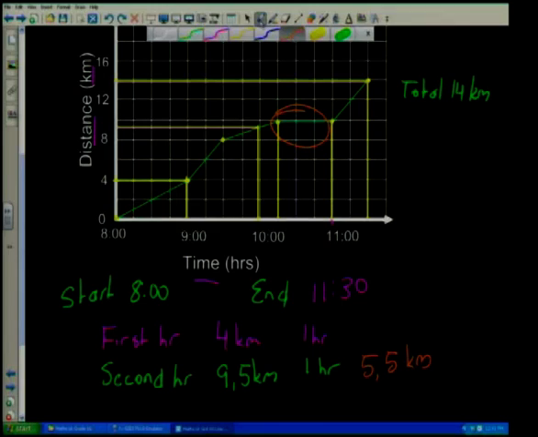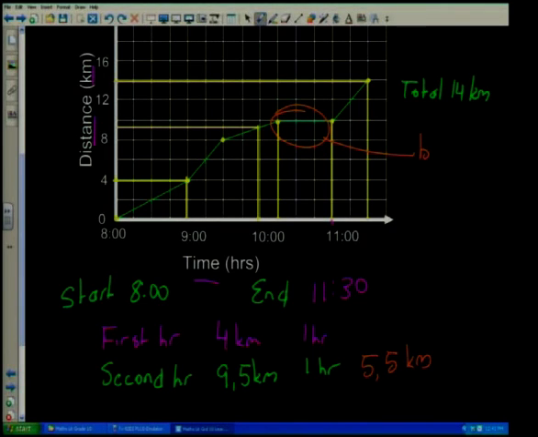So in that 45-minute period, she did not walk. She took a break. So this orange line here actually represents a break. And how do we see that? We see that as a straight line because kilometers did not change.